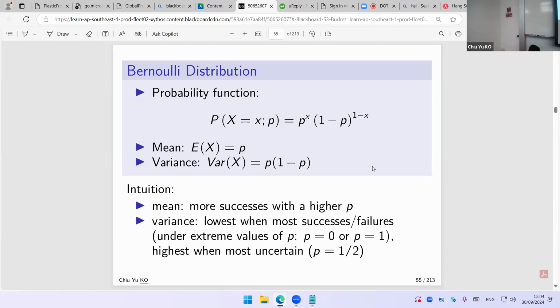So say x equals 0. What does that mean? The first term is P raised to 0. Anything raised to 0 is 1, so there's nothing there. And 1 minus P raised to 1 minus 0 is 1 minus P, right? That's what we want.